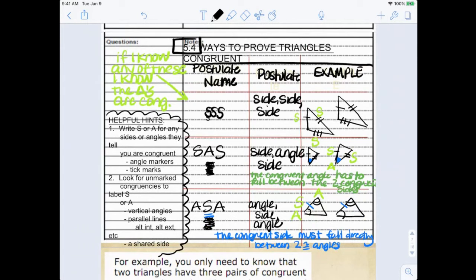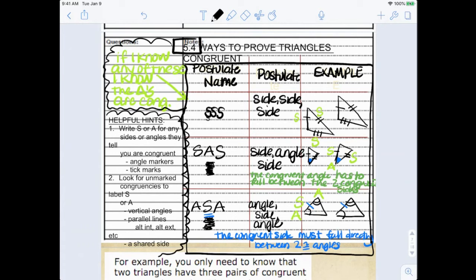Get this chart down so you have the ways that we are naming and labeling triangles congruent. Again, if I know any of these, I know that the two triangles are congruent. But I would also write down all of these helpful hints. And again, we leave a little space next to the helpful hints so that we can write an example or draw an example next to it so you know exactly what it means.